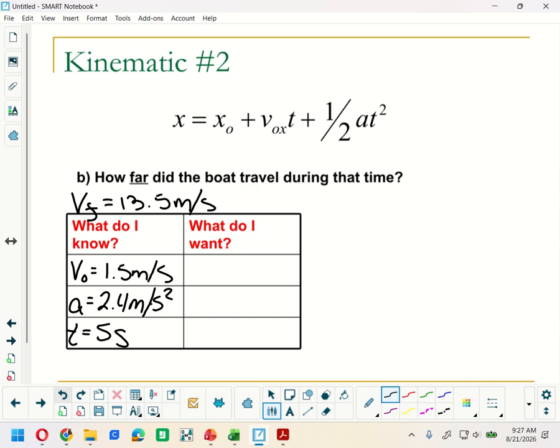Now, if I'm looking at my formula beforehand, what does x sub naught mean? That's just my delta x. What did I call it if it is my sub-zero thing?